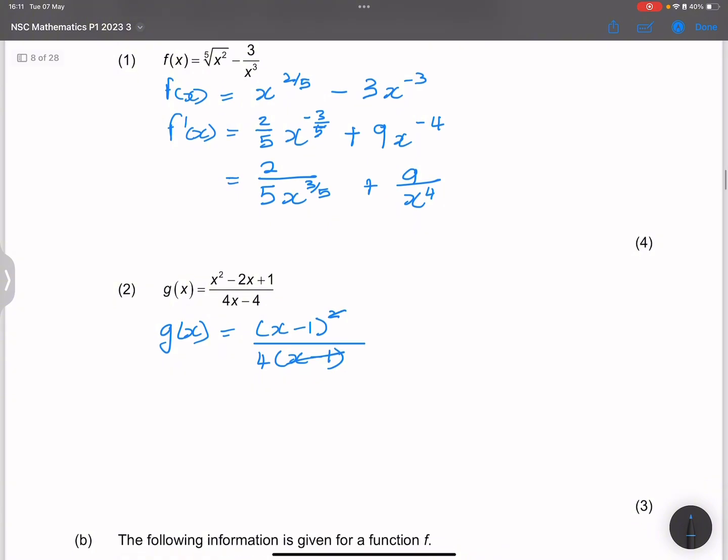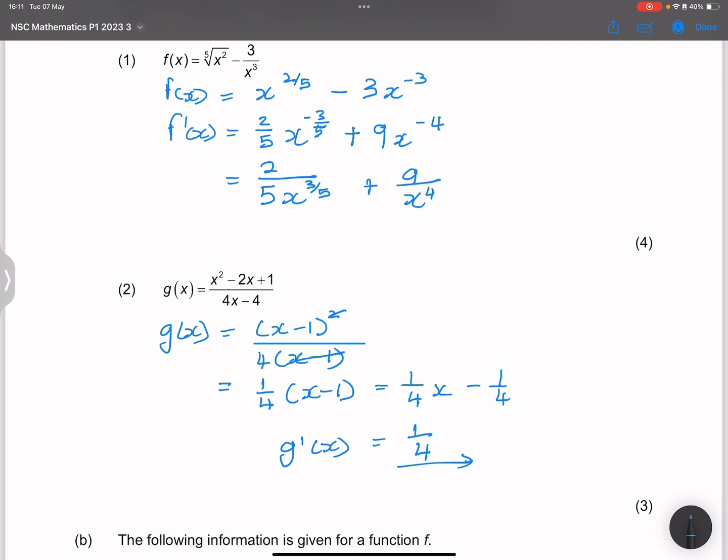What are we left with? We've got 1 over 4 into x minus 1, which is 1 over 4x minus 1 over 4. So to get g prime, this would simply be 1 over 4. That's it. So that's going to be 1 over 4.